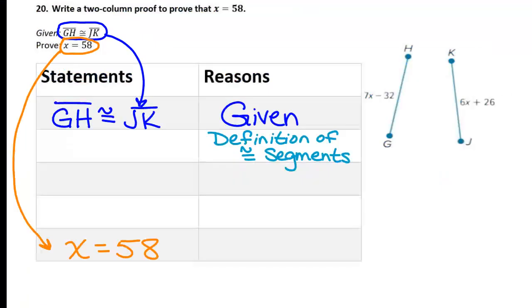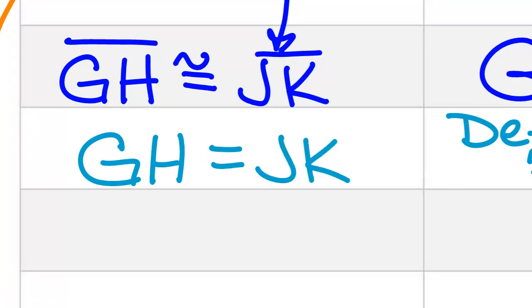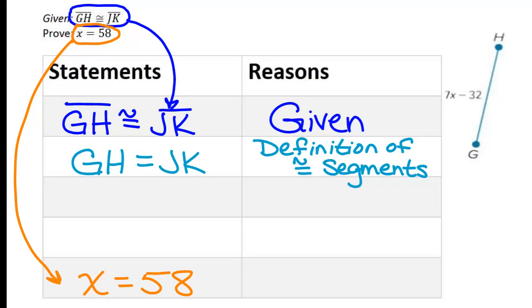So what does my statement look like? Length of segment GH equals the length of segment JK. I love it.